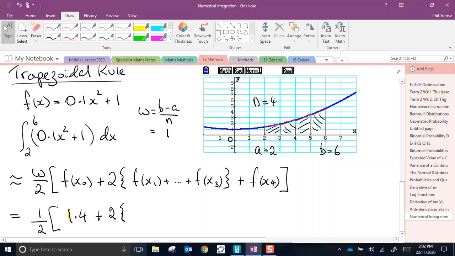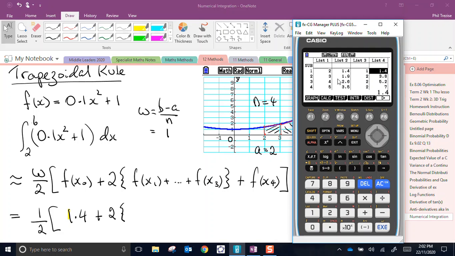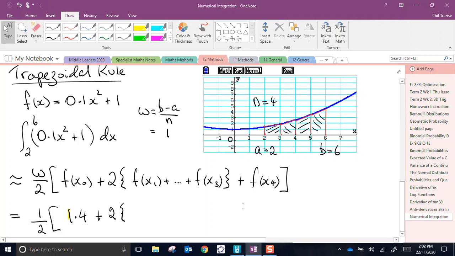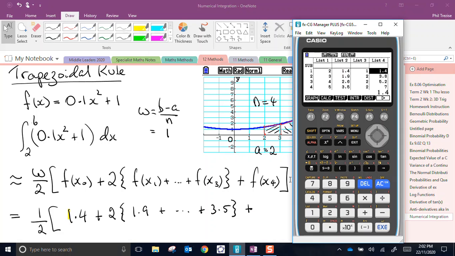Now, I need f of x1. So x1 was 3, the function value is 1.9, then 2.6, then 3.5. Those are the in-between ones, 1.9, 2.6, 3.5, and 3.5 was the last one of those. And finally, I need the function value for x4. That's when x was 6. So we'll just scroll down a bit. When x was 6, we have 4.6.